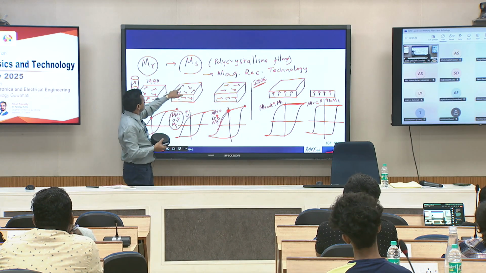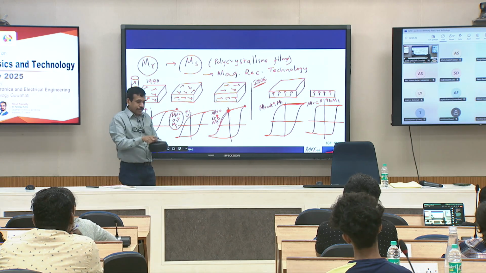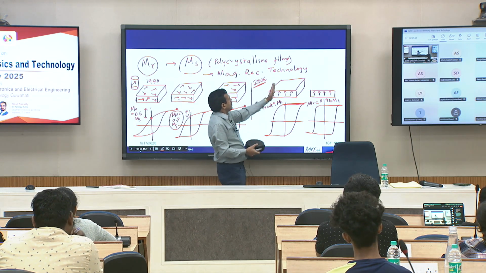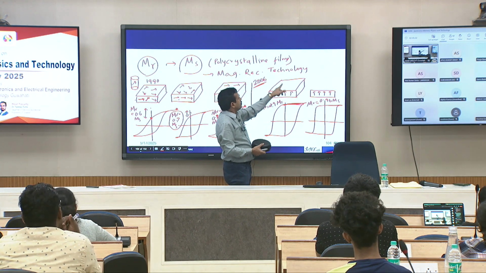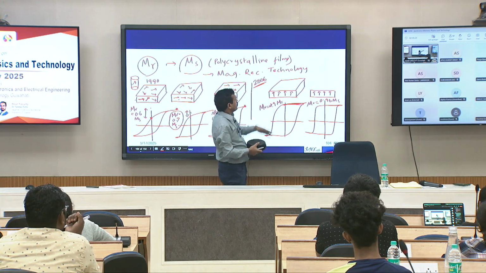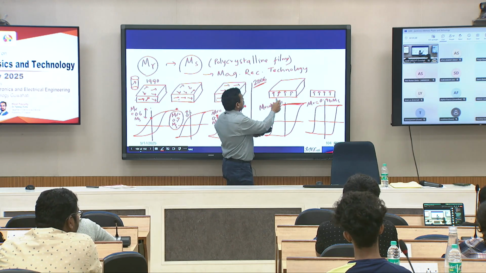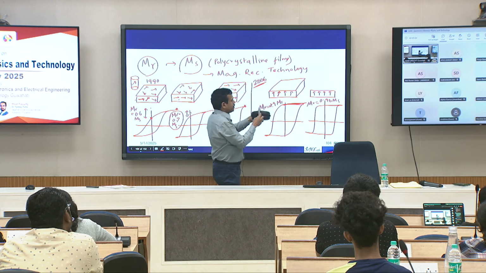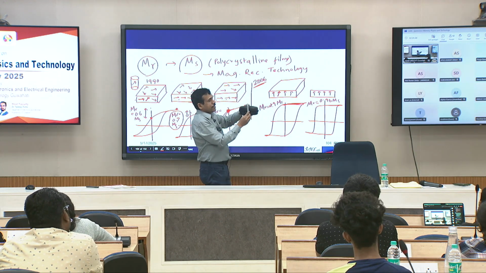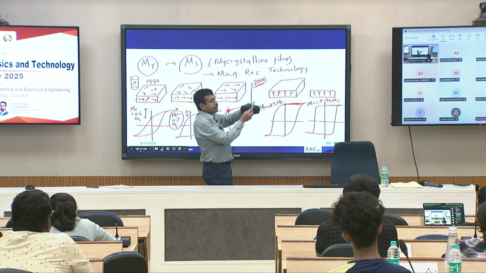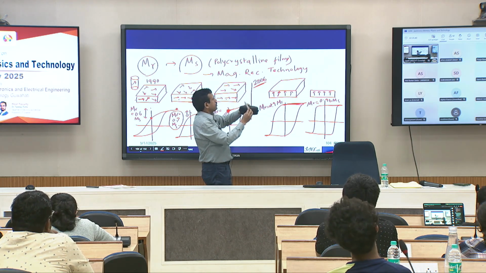Within the plane I can have random orientation, but when you orient all the magnetization along the perpendicular direction, there is no in-plane variation. So now you have only variation in the easy direction with respect to the film normal. Some grains may have easy direction perfectly perpendicular, some may have easy axis tilted along this direction or this direction.